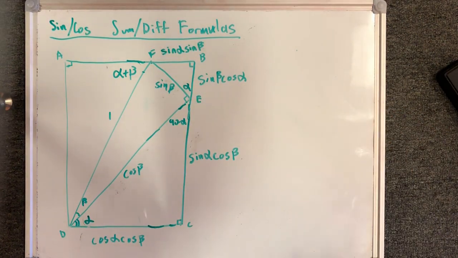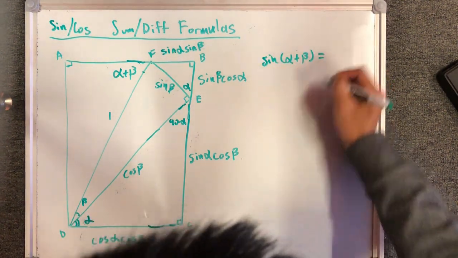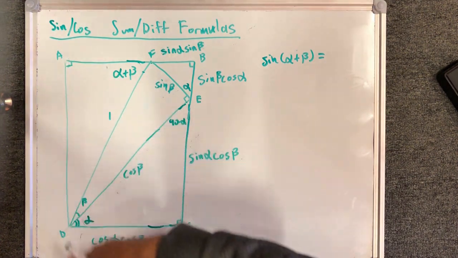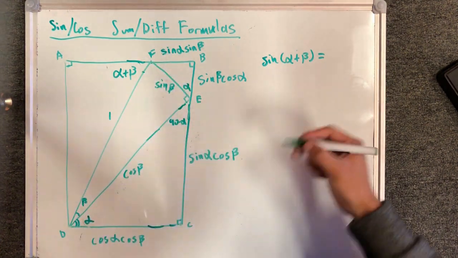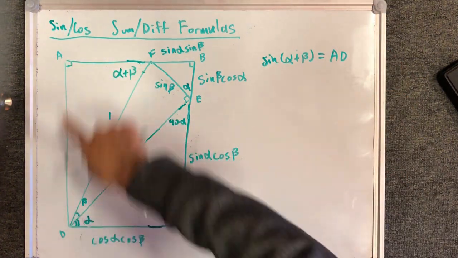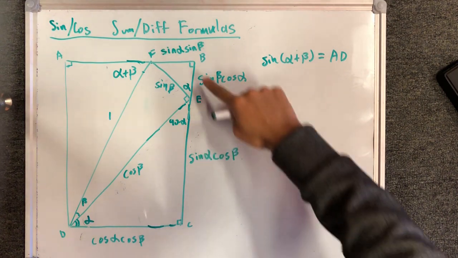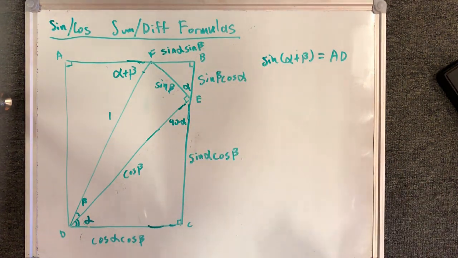Now we are interested in sine of alpha plus beta, which is the sum formula, and cosine of alpha plus beta. So let's take the sine of alpha plus beta. This must be equal to AD over DF, which is 1, so just AD. Now let's look at AD. AD is the other length of the rectangle, and BC is on the other side.